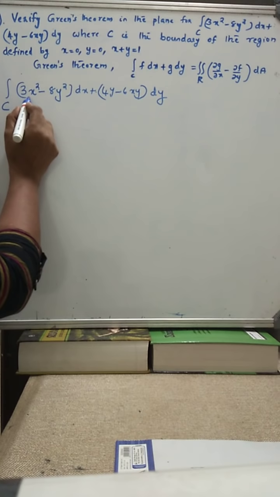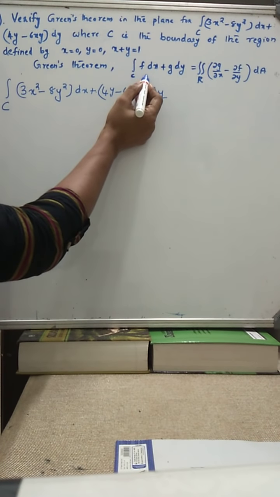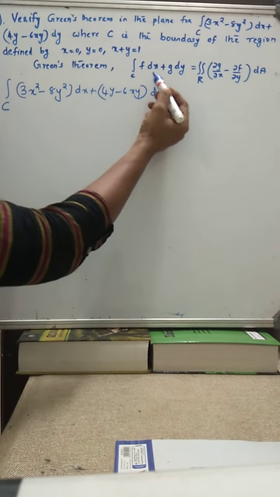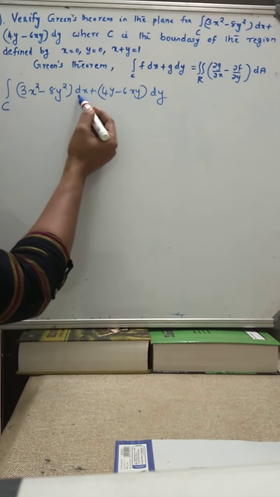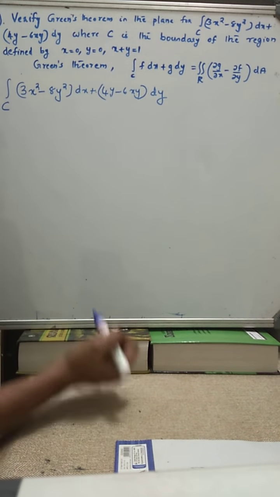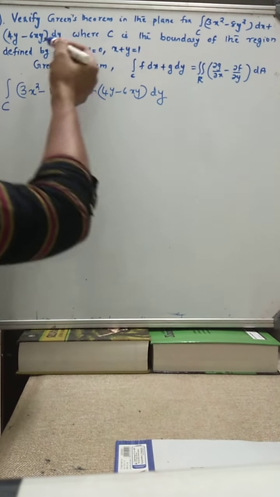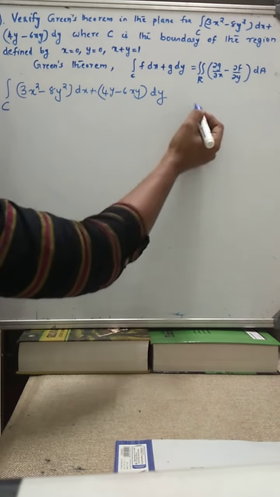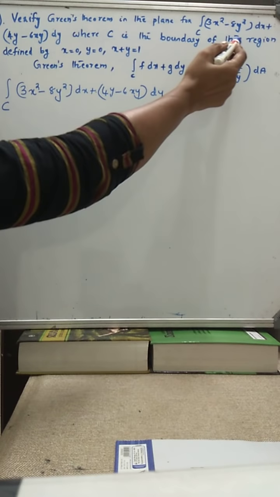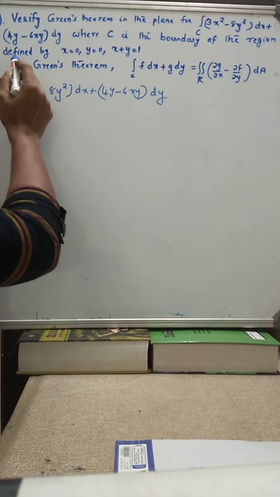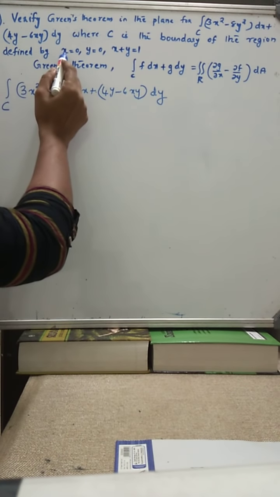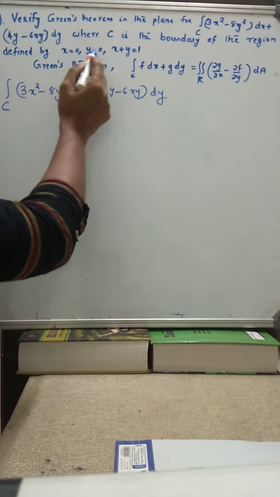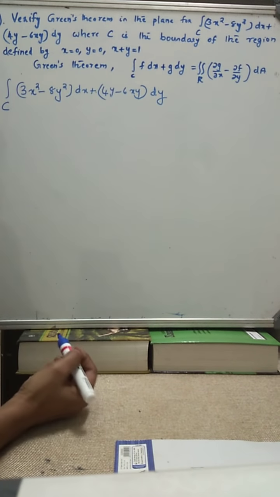First of all, we will evaluate the left hand side. In order to evaluate the left hand side, f dx plus g dy, we will first draw the region. The region is defined by x = 0, y = 0 and x + y = 1.